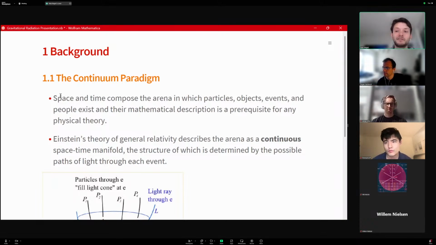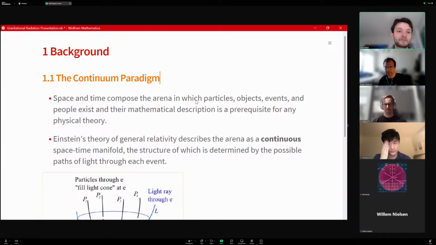And these kind of debates and thought experiments about space and time have led to many of the pillars of mathematics, such as geometry and calculus.